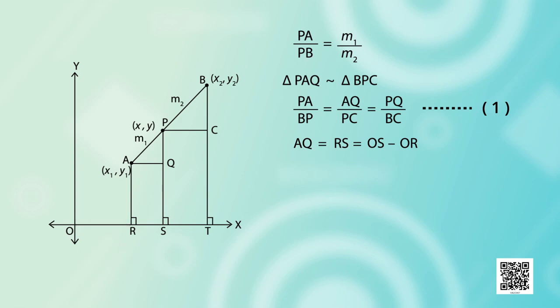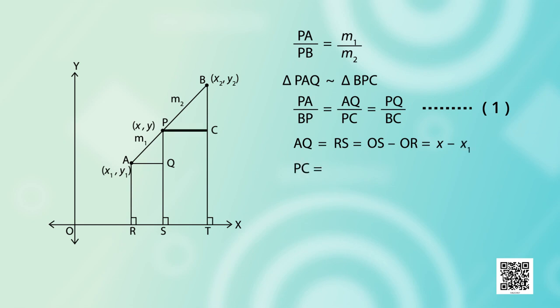What were the coordinates of point P? The x coordinate was x, and the x coordinate of A was x1. So we can say that OS is equal to x and OR is equal to x1. So AQ or RS will be equal to x - x1.